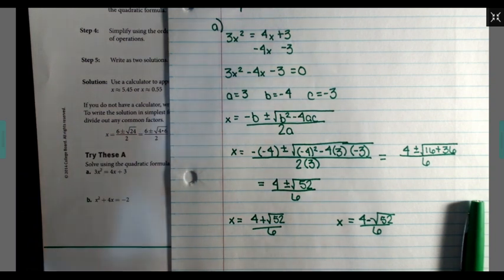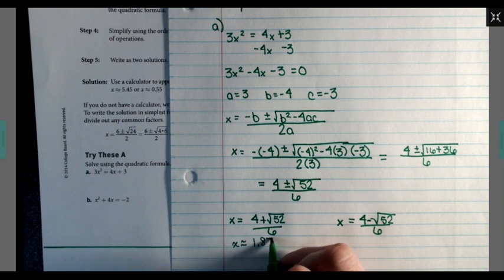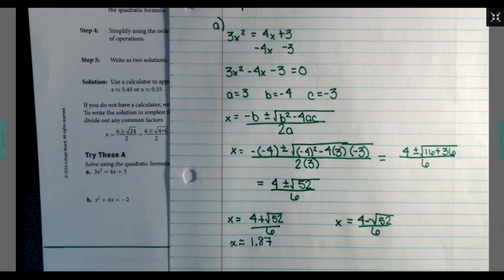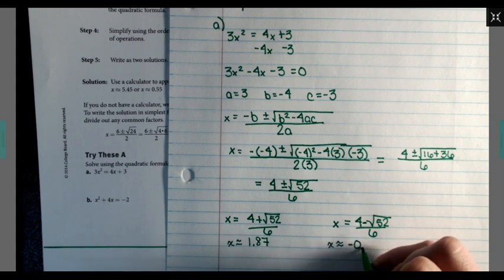Four plus the square root of 52 divided by 6. X is approximately 1.87. Then we're going to do 4 minus the square root of 52 divided by 6. X is approximately negative 0.54.